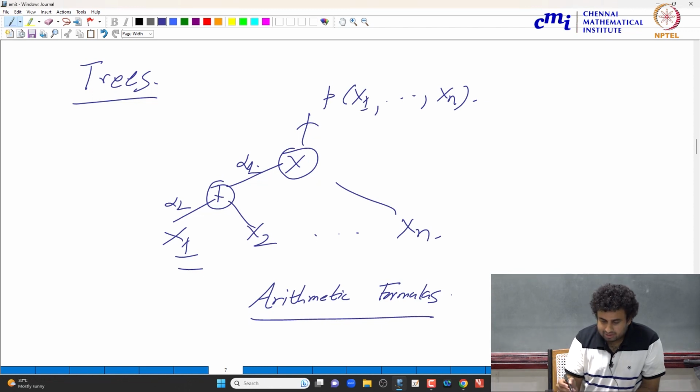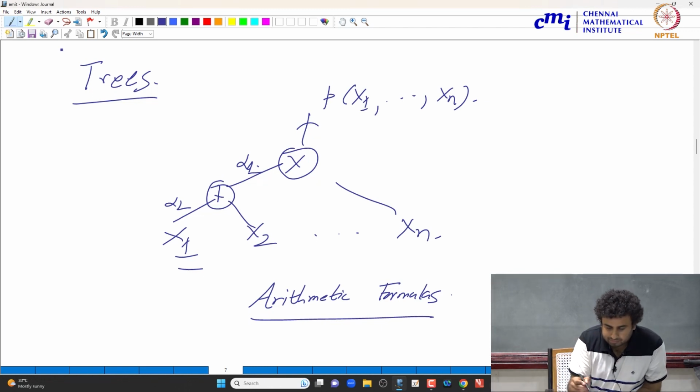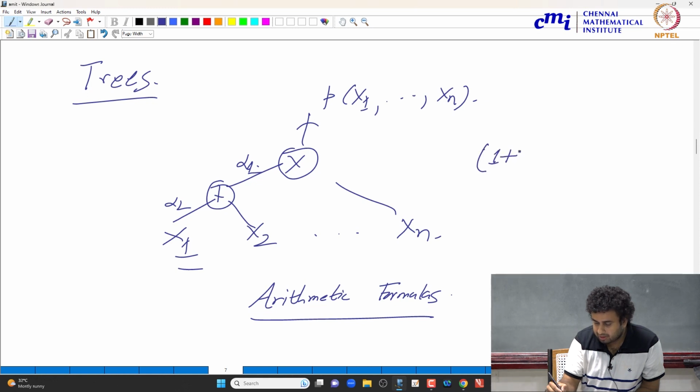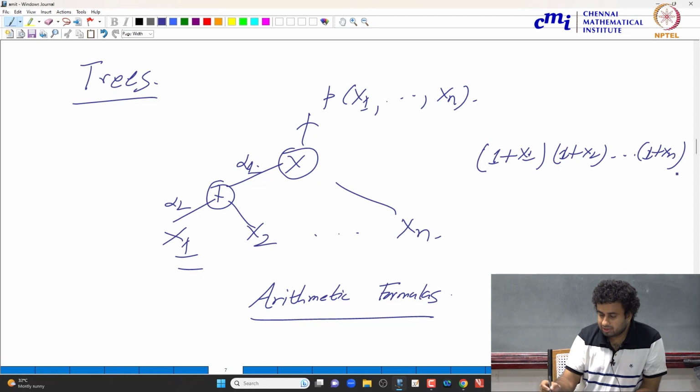And then you can see that these formulas can compute, for example, take (1 plus x1) times (1 plus x2) times ... (1 plus xn). How many monomials does it have? 2 to the n, right.